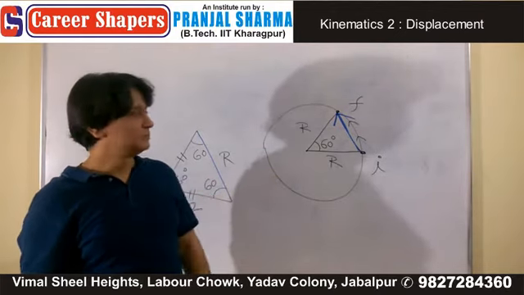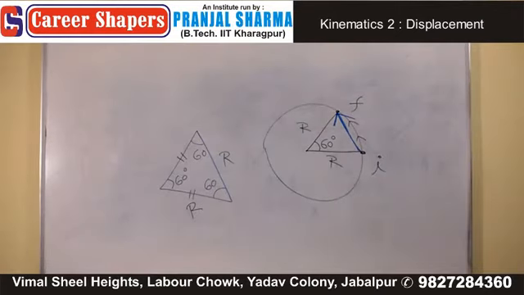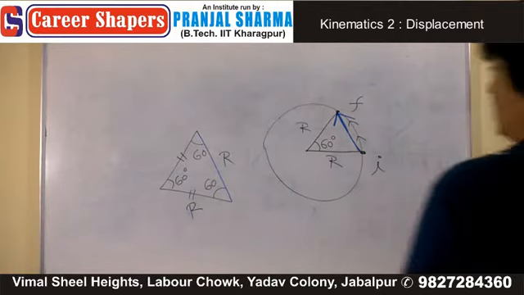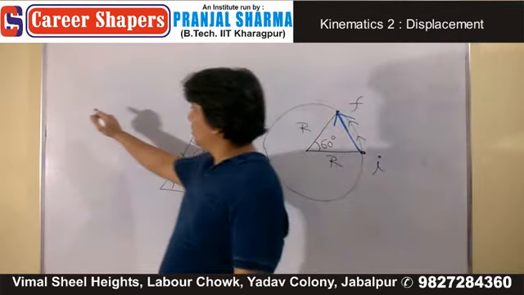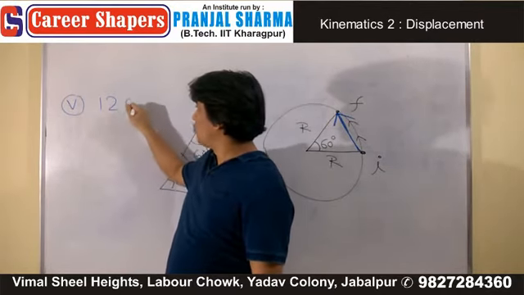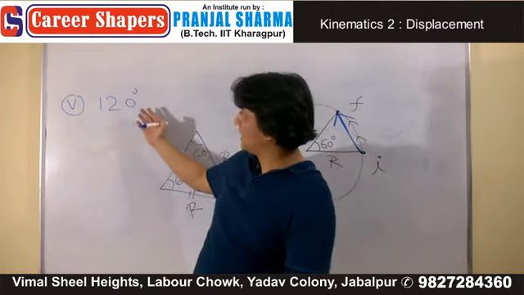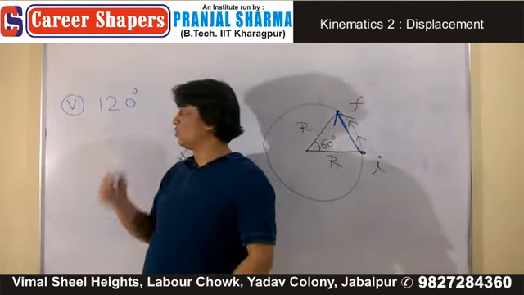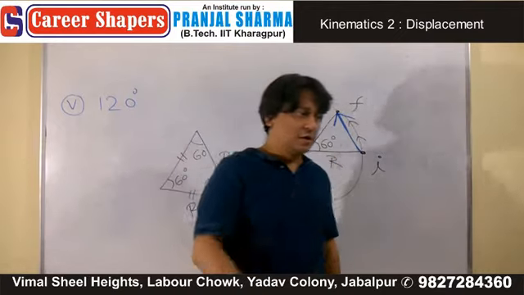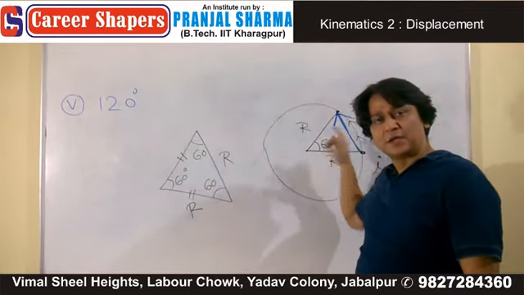Now let's see if I increase the level slightly. Let's see how many of you will answer the next part. In the fifth part of the same question, I've been told that angle is 120. Let's see how many of you can produce displacement for 120. Draw the figure exactly the way I am drawing that.